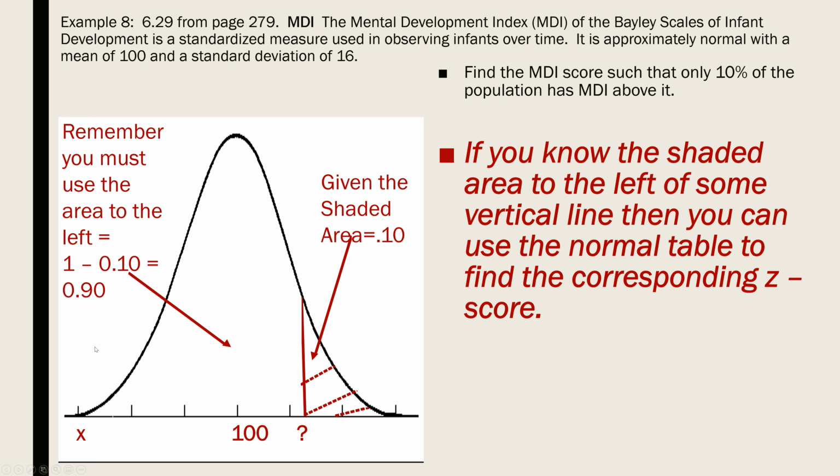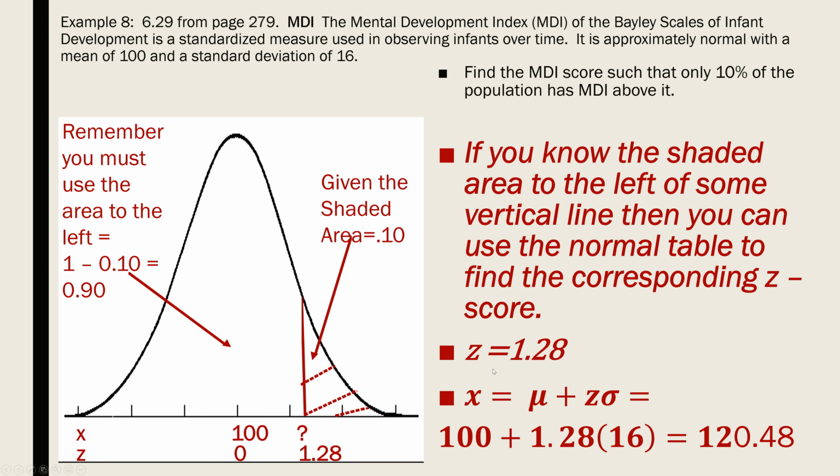If you know the shaded area to the left of some vertical line, then you can use the normal table to find the corresponding z-score. We find the z-score equals 1.28. Last, we need to transfer the z-score to its original scale, x, which should be calculated in this way.